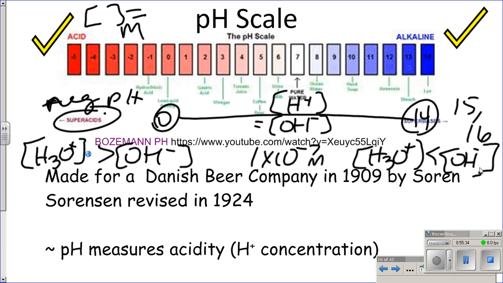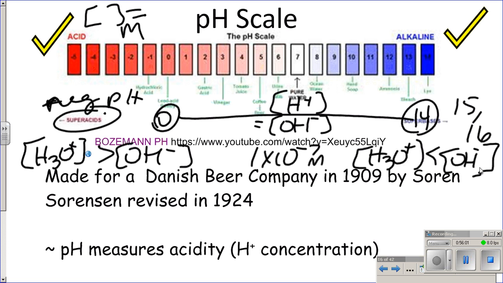So give me a number that's greater than 1 times 10 to the negative 7th. Negative 6, okay, or negative 5th, negative 4th, negative 3rd. Anything of larger magnitude, which is a smaller negative exponent. So this could be like 10 to the negative 5th. That might be 1 times 10 to the negative 8th, 9th. Okay, so that's a smaller number, so it's a more negative exponent.